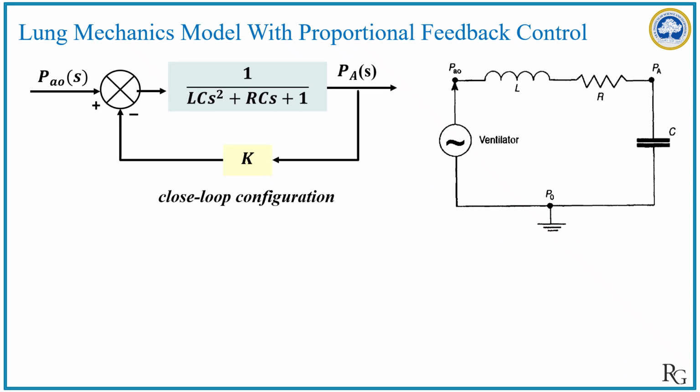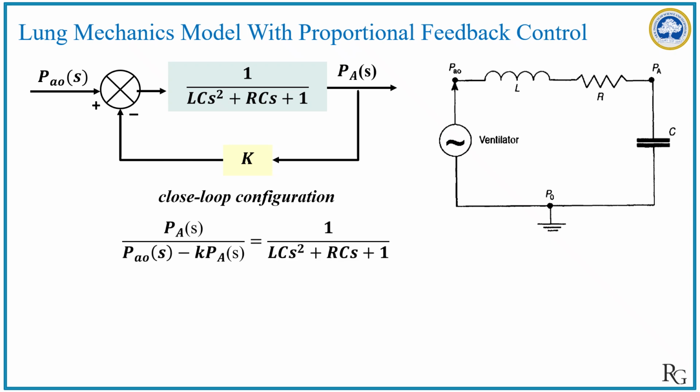Now we have to reanalyze the new block diagram to get the new transfer function. Here the transfer function can be written as PA upon PAO, that is the input, minus the output of the system with a multiplication constant. That is the only change which takes place in the transfer function.